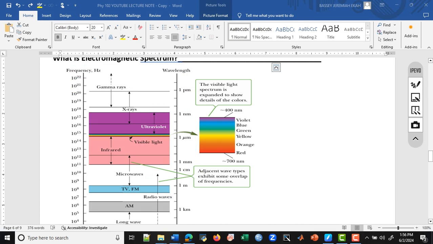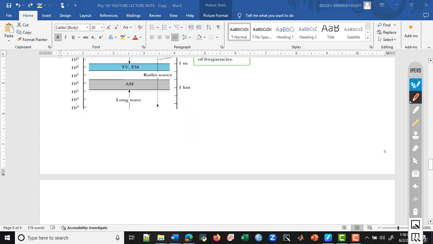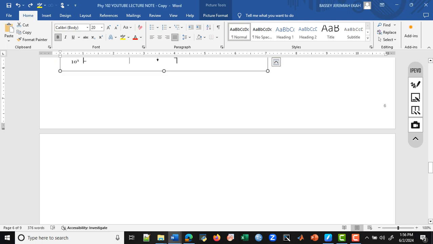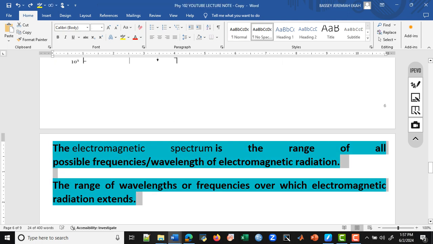Let's go to the definition now. The electromagnetic spectrum is the range of all possible frequencies and wavelengths of electromagnetic radiation. That figure is a range with all possible wavelengths and frequencies of electromagnetic radiation.